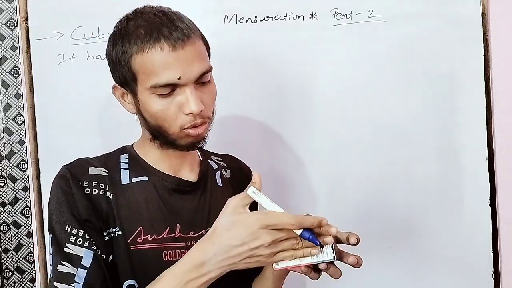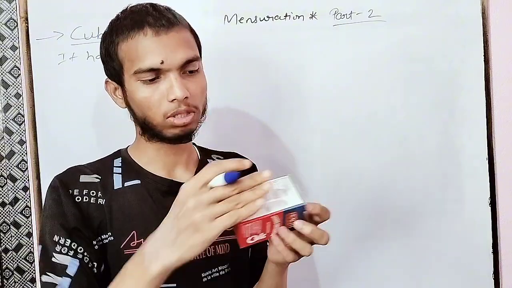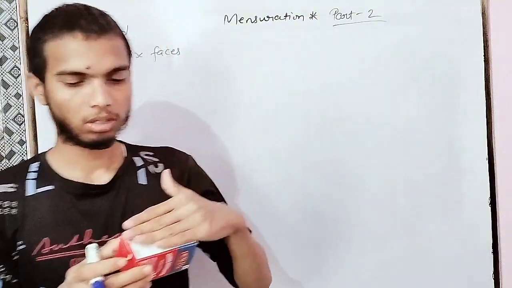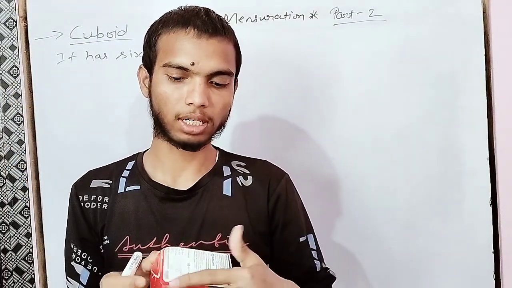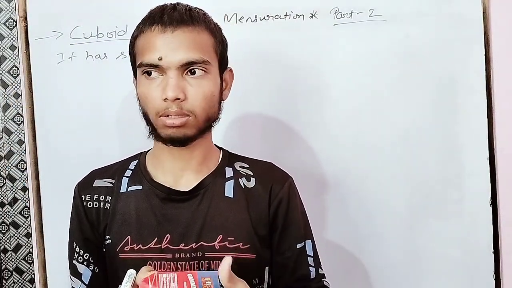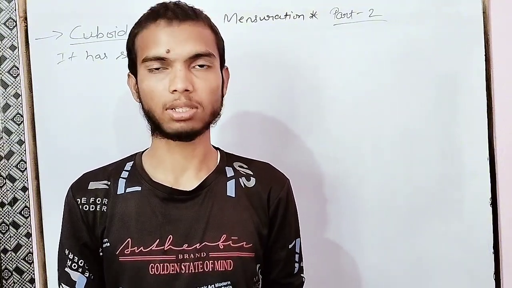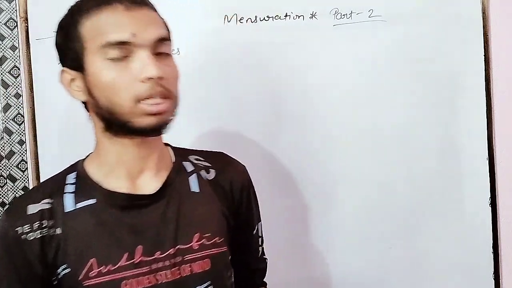The upper area of this box is the surface. So this is the shape of a rectangle, as well as this, and let's assume this side is also the shape of a rectangle.